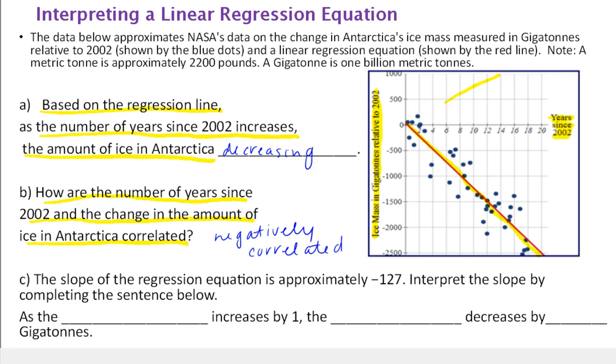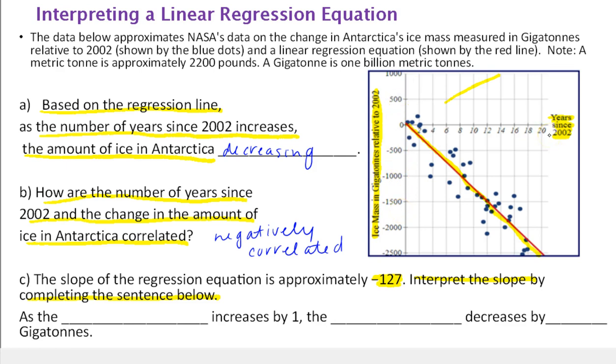Next question. The slope of the regression equation is approximately negative 127. Interpret the slope by completing the sentence below. So let's think about what this means. So going back to these two variables, the slope measures a comparison between the vertical value and the horizontal value.